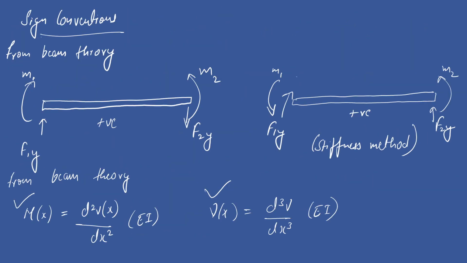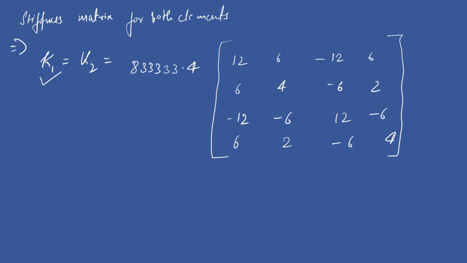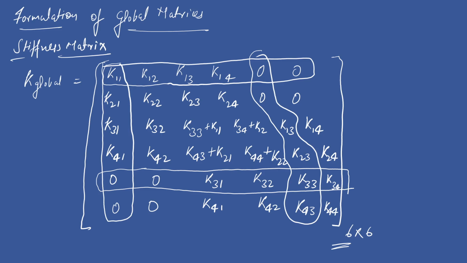So first, let's see from the start. You have formulated the global stiffness and mass matrices. Then you have applied the boundary conditions and removed all the negligible vectors corresponding to the null responses.